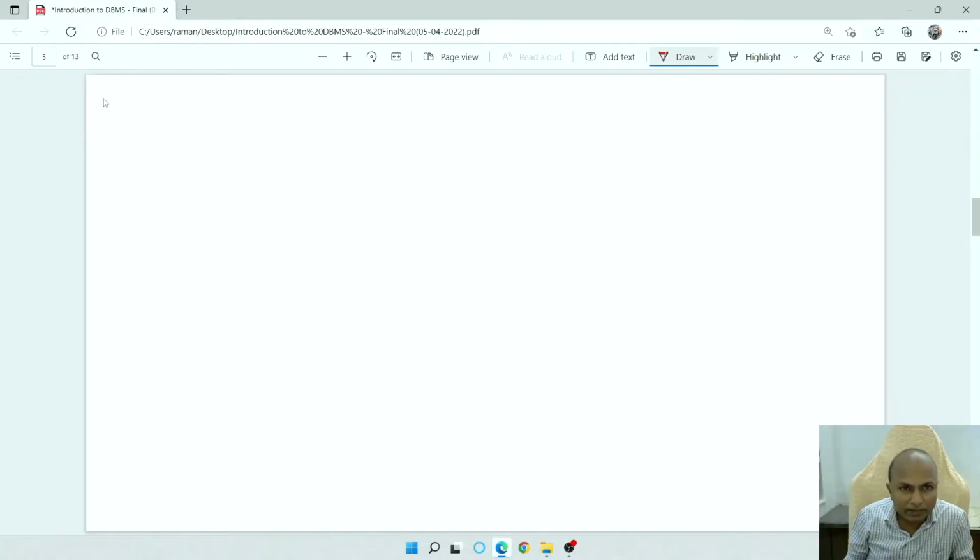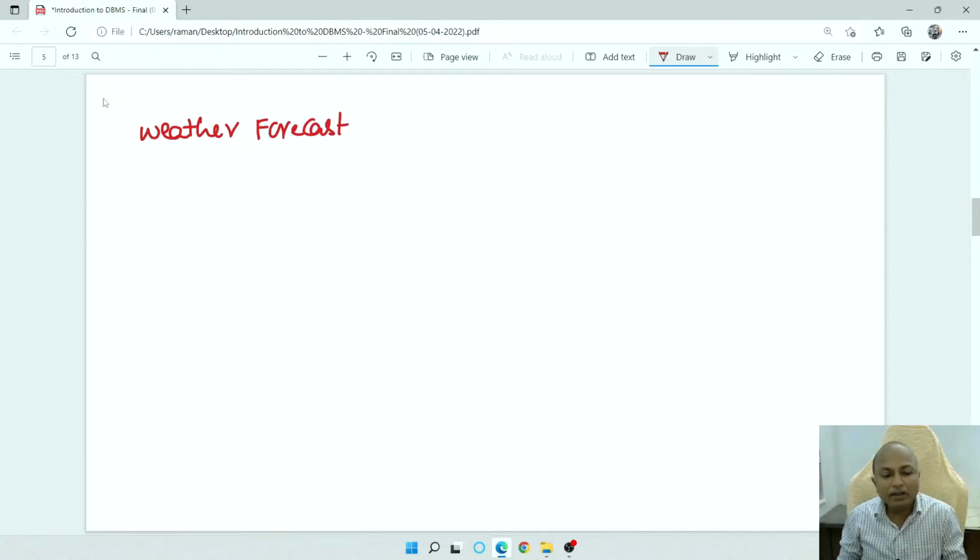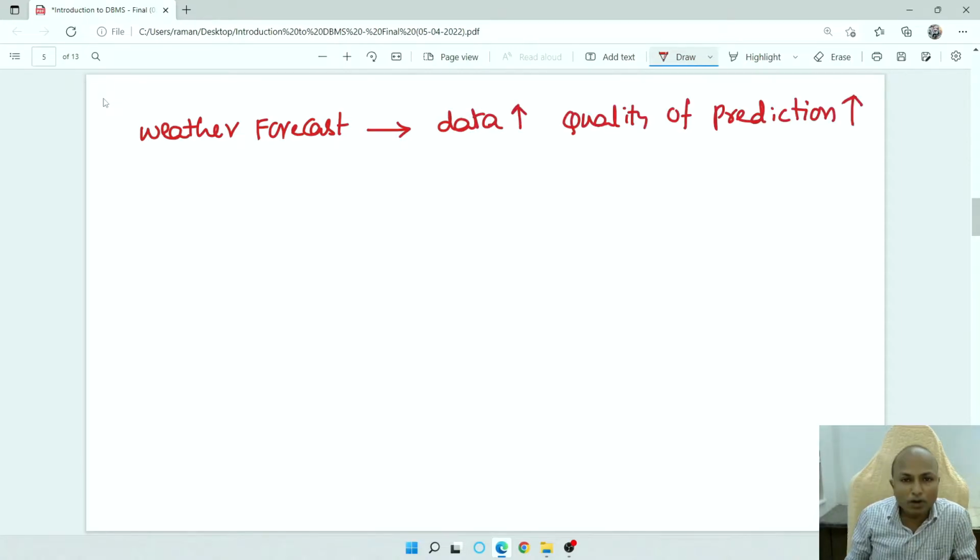Let us consider weather forecast example. As the data is increasing, the quality of the prediction also increasing. Nowadays, 5 days weather forecast is accurate.